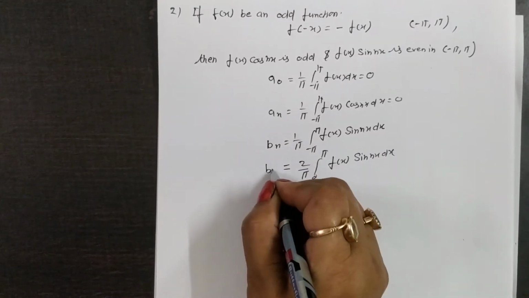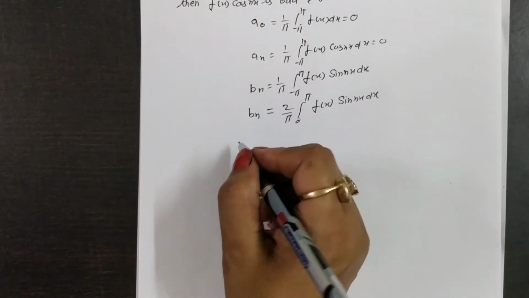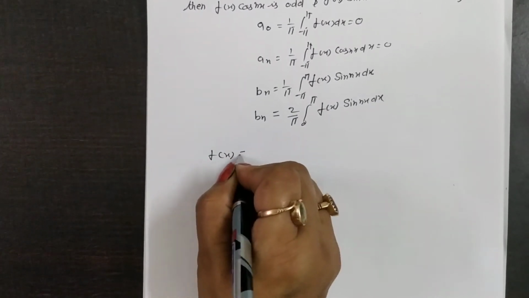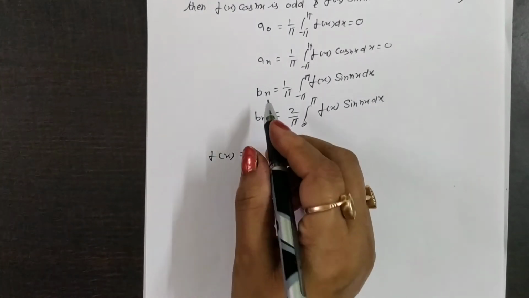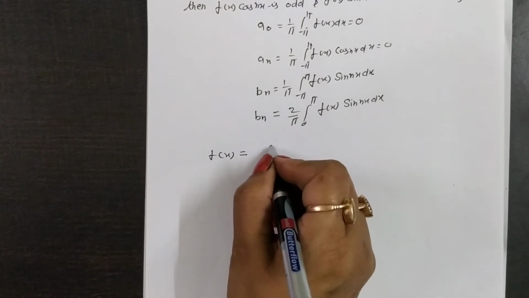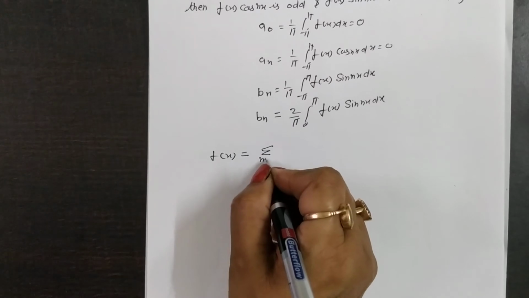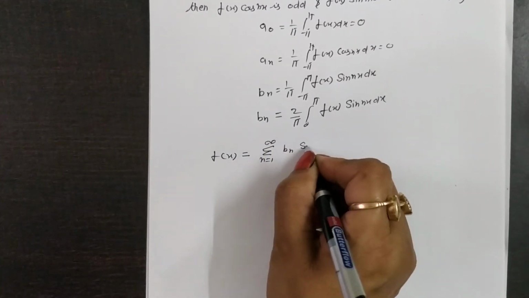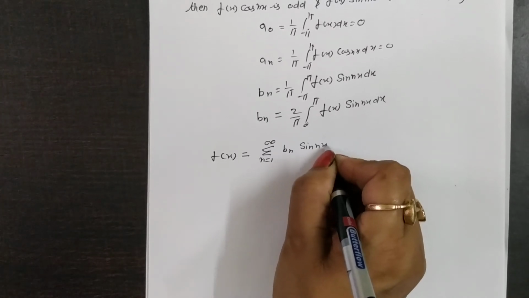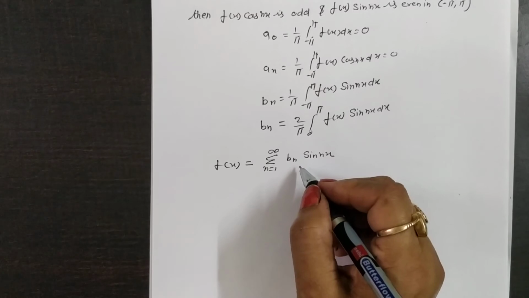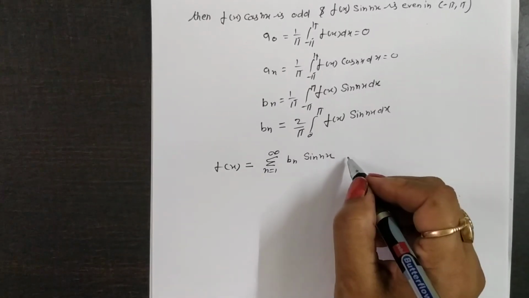Therefore the Fourier series becomes, with a0 is 0 and an is 0, only the bn term: sigma n from 1 to infinity bn sin nx.